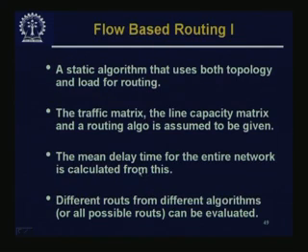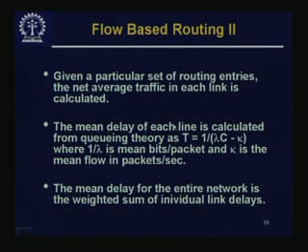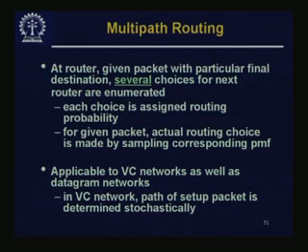Flow based routing is a static algorithm that uses both topology and load for routing; the traffic matrix and the line capacity matrix, and a routing algorithm, are assumed to be given. We are not going into the details of any of these. Flow based routing we will come to later on when we do MPLS. Given a particular set of routing entries, the net average traffic in each link is calculated, so you can try to do some traffic optimization through this.